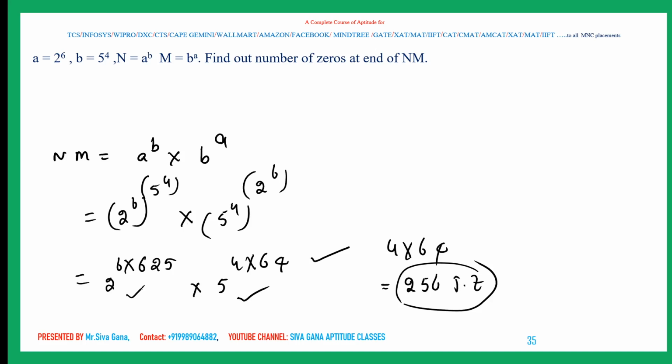Whatever is less, that many trailing zeros. Because for the formation of a trailing zero, we need both 2 and 5. But 2s are 6 into 625 available, and 5s are only 4 into 64 available. This is the reason why we can form only 256 trailing zeros.